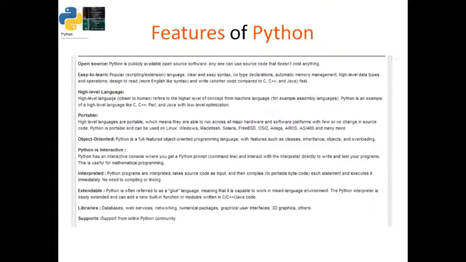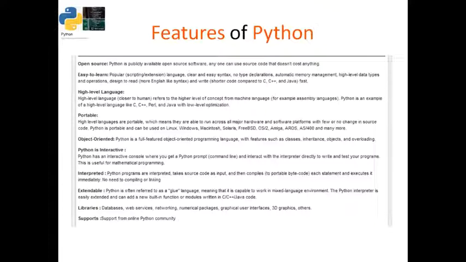More interactive means through the command line interface, you can write the code. That's what is called interactive. And you can say object oriented, it will support complete object orientation. Once you make it object oriented, within less time we can develop any kind of application. So that is supported in the Python language.